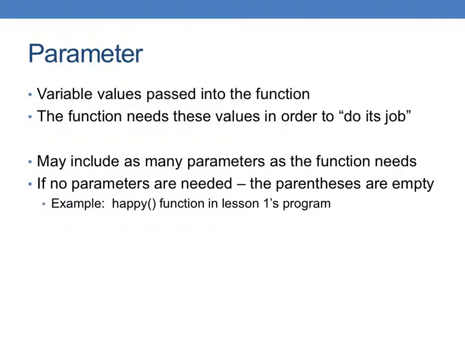A parameter is a variable value that's passed into a function. Anything that is a parameter is a value that the function needs in order to, quote unquote, do its job.